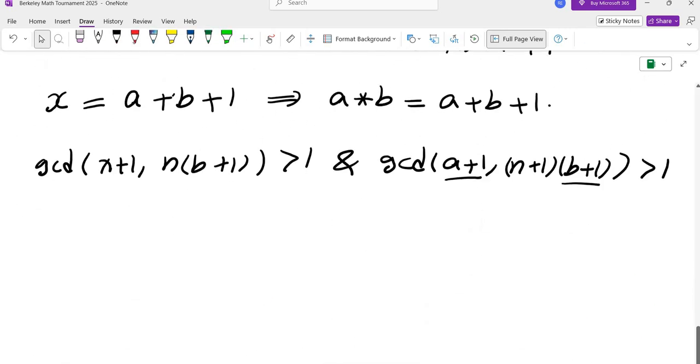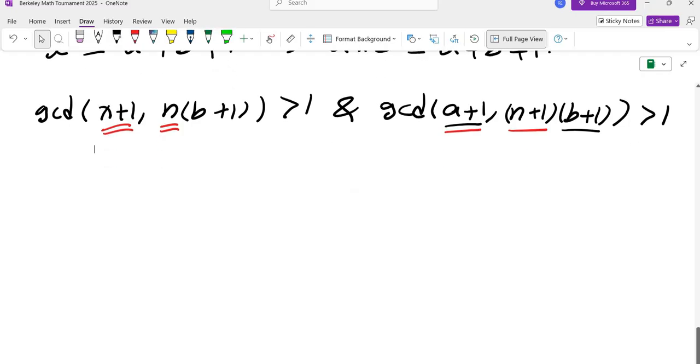So I need to be able to find some n such that n plus 1 and a plus 1 have a common factor, and probably also n and x plus 1 have a common factor. That can be done in some instances.